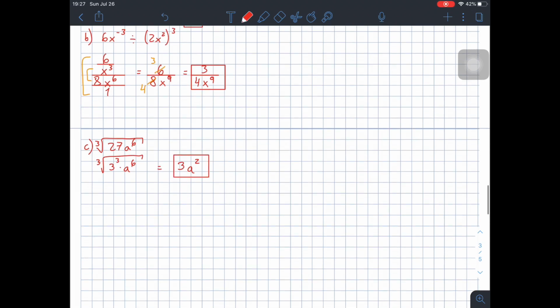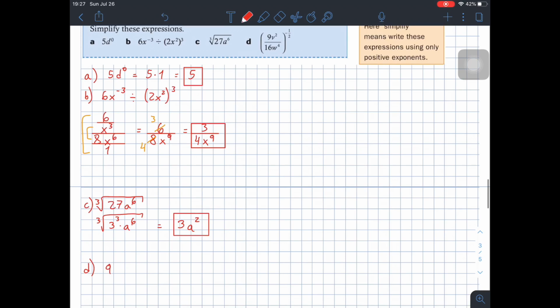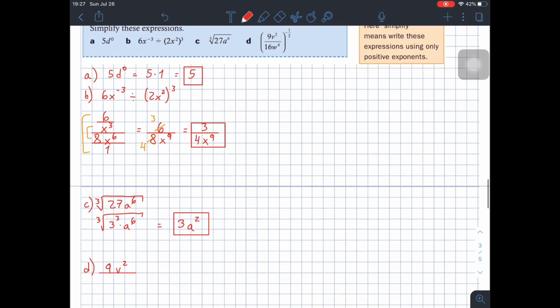Finally, exercise D says 9v squared over 16w to the 4th power, and this is all to the power of negative 1/2.